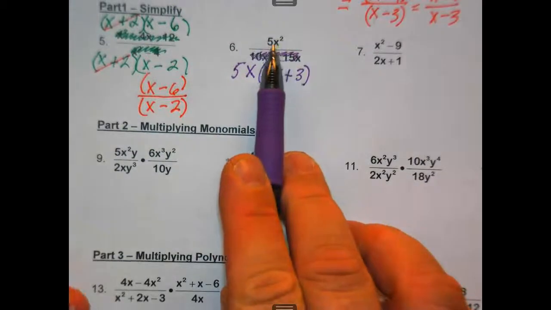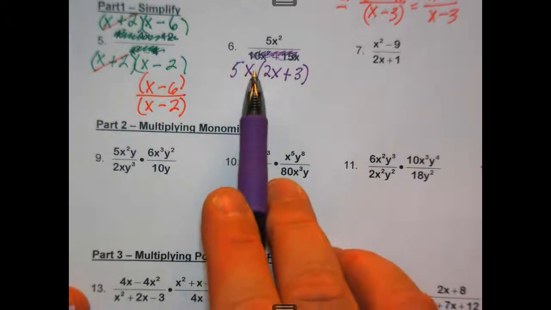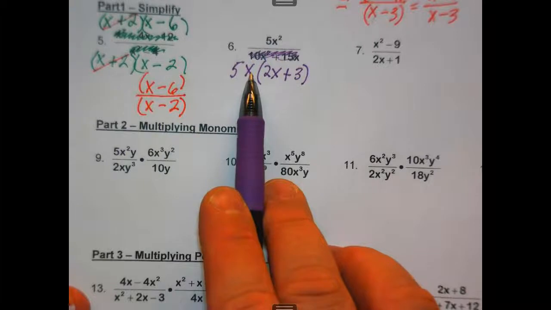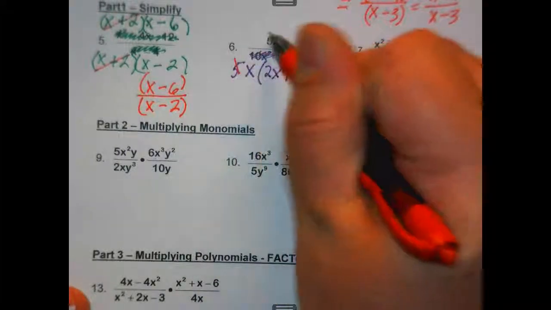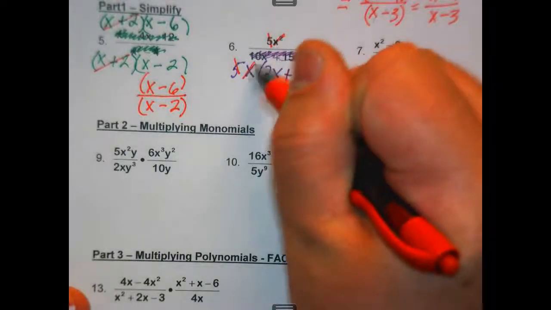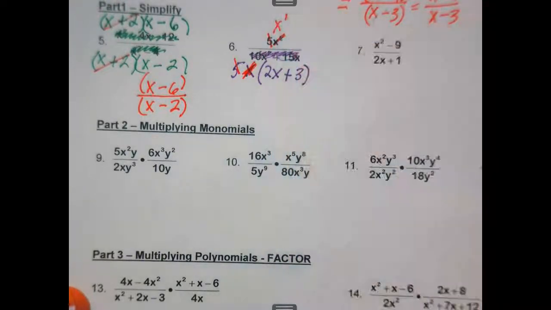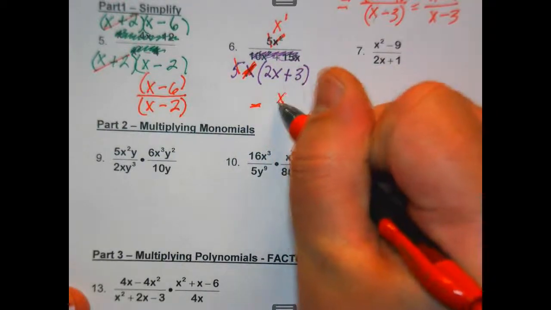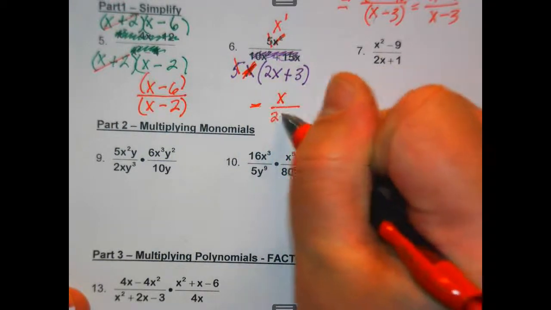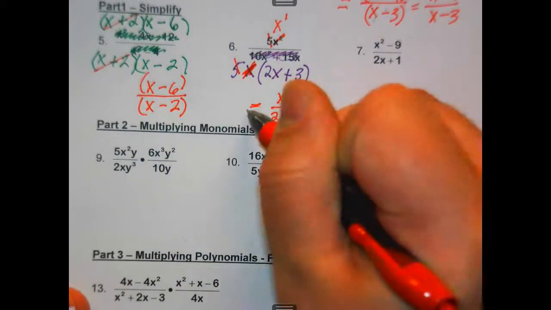I can't factor anything out of there, that's simplified. Now, since I have multiplication, I can cancel out a 5 and an x, right? So I'm left with x to the first over 2x plus 3.